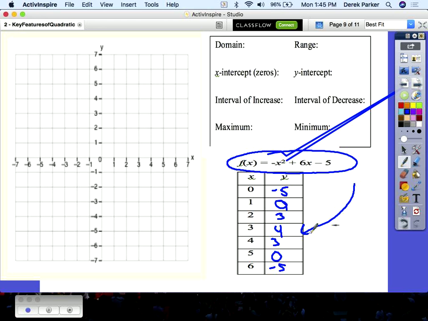Now let's graph it. (3, 4), (0, -5), (1, 0), (2, 3), (4, 3), (5, 0), and (6, -5).